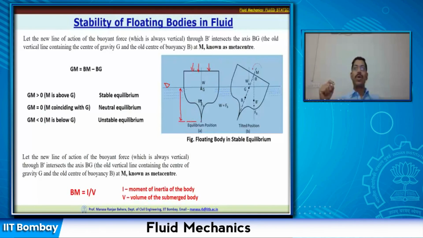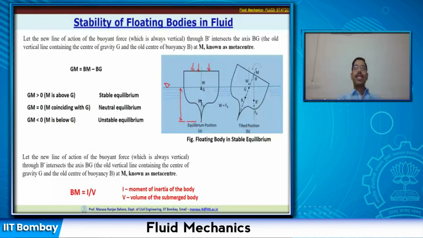In that case, if it's a submerged body, we get into unstable equilibrium. But here we have to ensure that the body is stable, because if it is unstable, then the complete vessel is going to topple and it will lead to disaster.